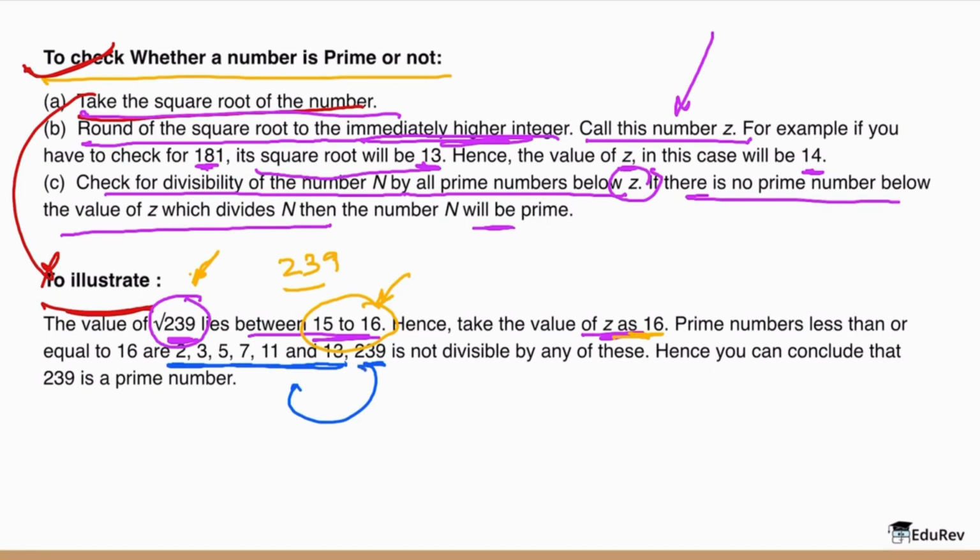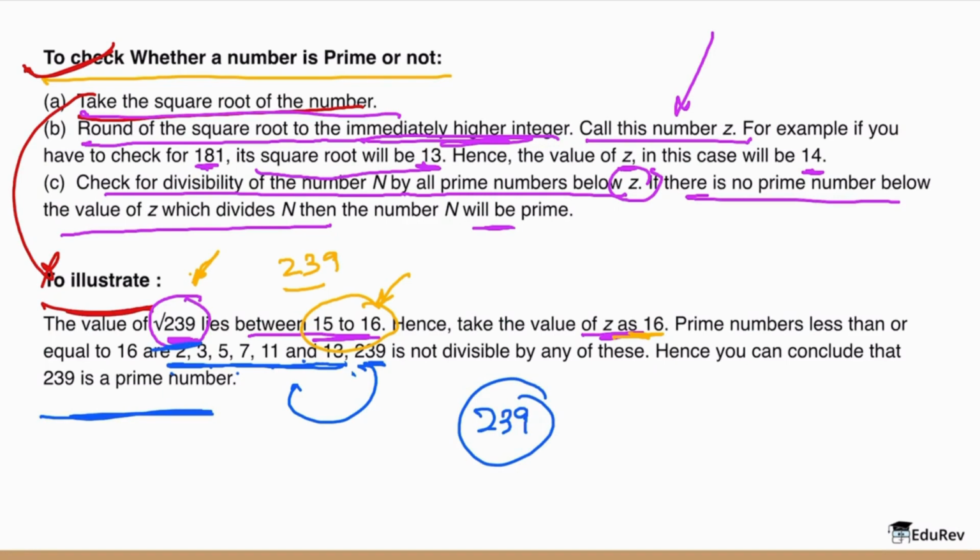So when I divide 239 by 2, 3, 5, 7, 11 and 13, I found that it's divisible by none of them. That means this is a prime number. Hence we conclude that 239, the number which I took initially, is a prime number.